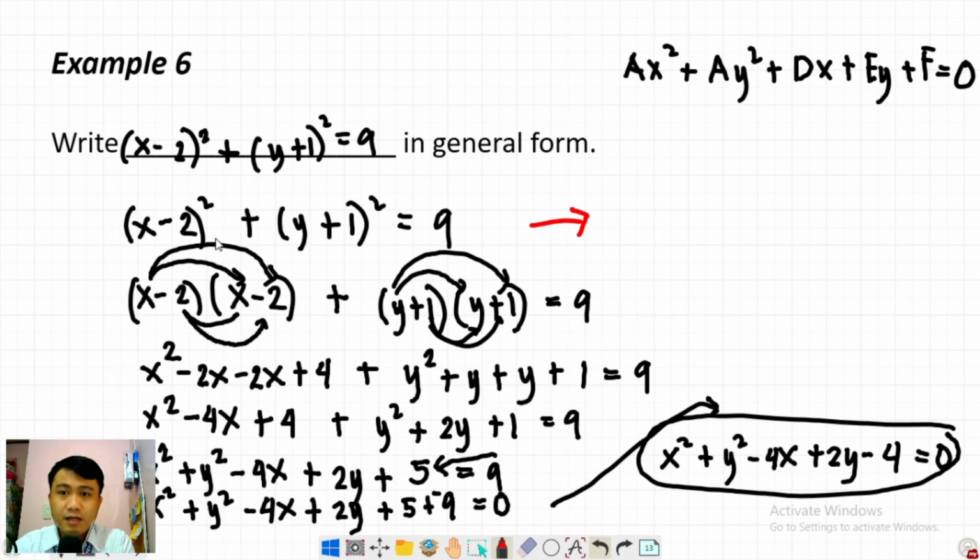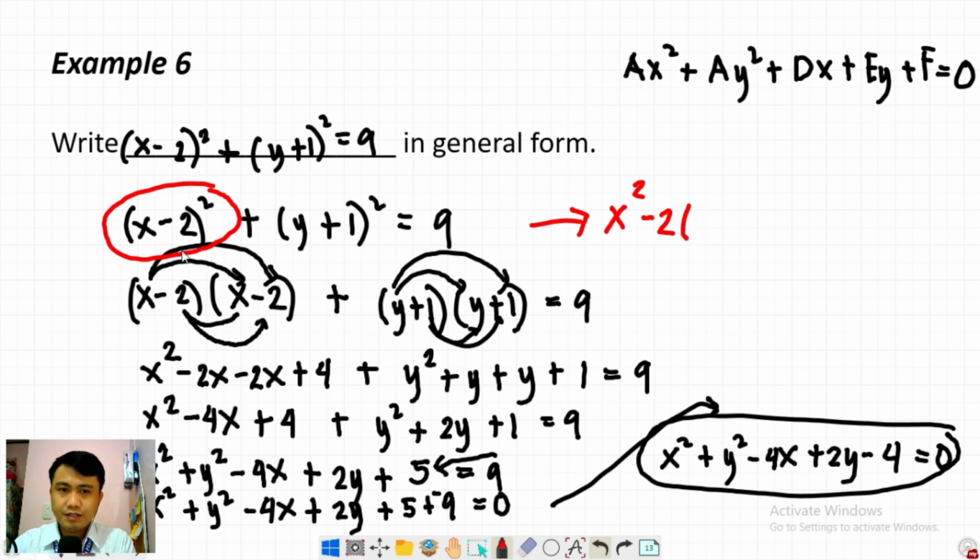Parehas lang naman, mas mabilis pero paano ba gawin itong paano expand itong square of a binomial? Just copy the first term, yung x, and then square natin para ito yung first term. And of course, copy the operation minus. And parating may times 2.